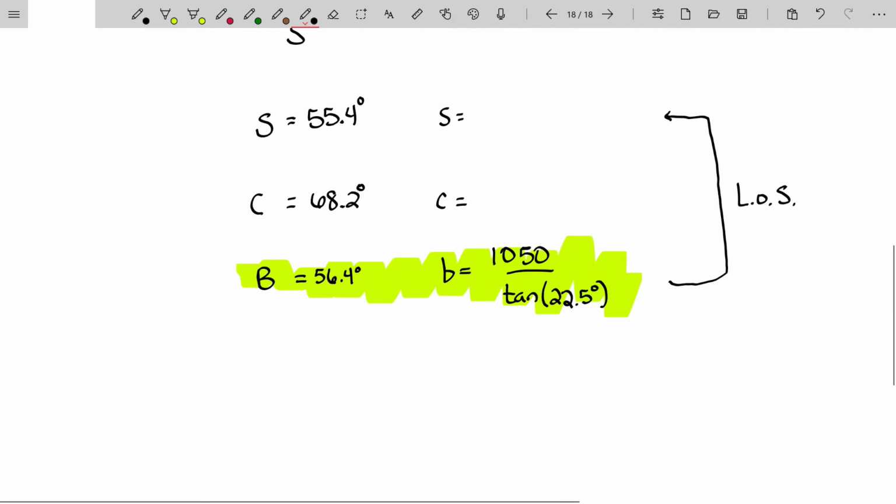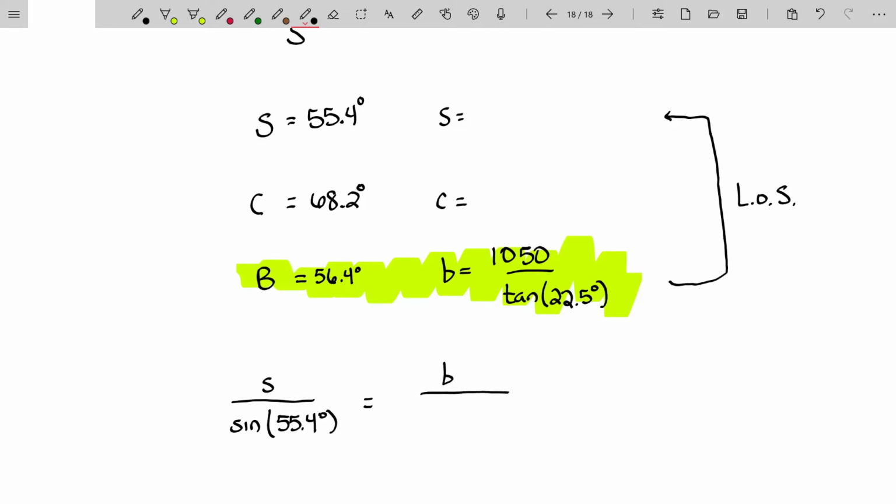All right, side length S is to the sine of the angle opposite that side length, as side length B is to the sine of its opposite angle, 56.4 degrees.